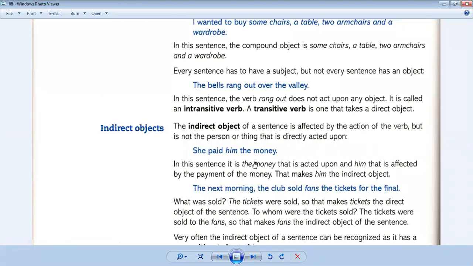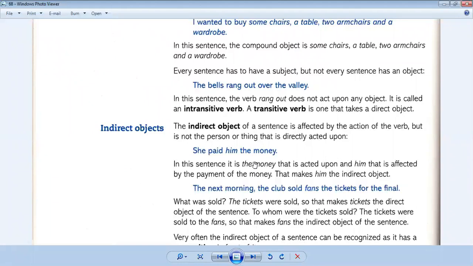Let's try to divide the sentence. She is the subject. Paid is the main verb. Now put what after paid. She paid what? She paid the money. So what about him? Ask another question. To whom?